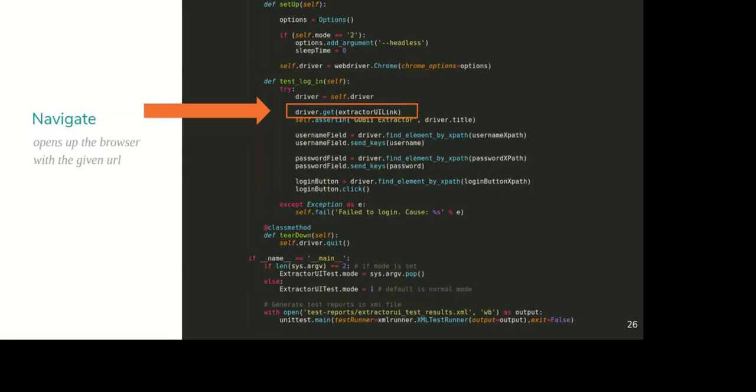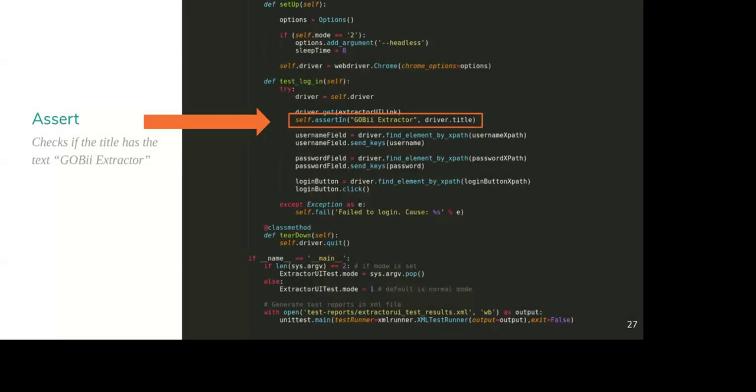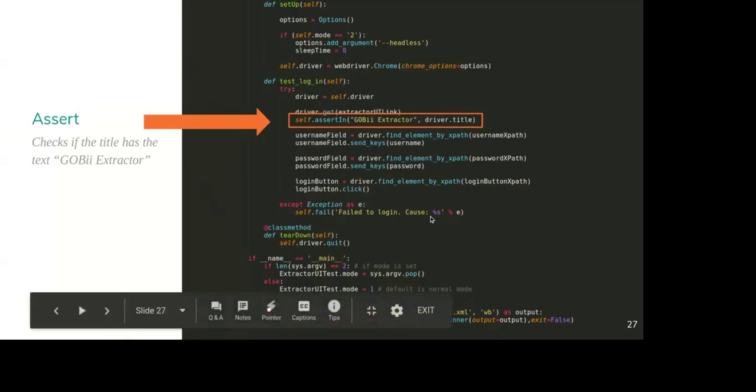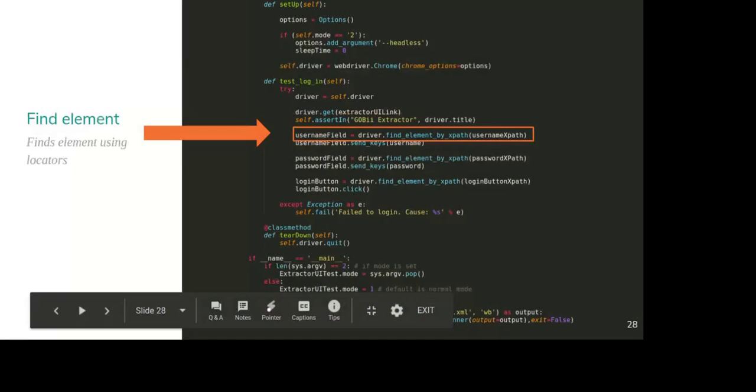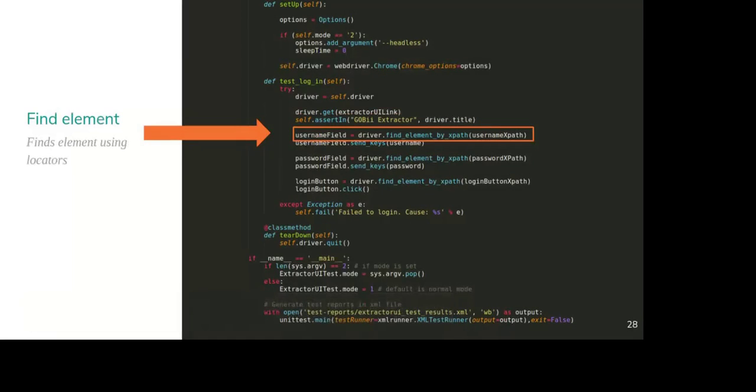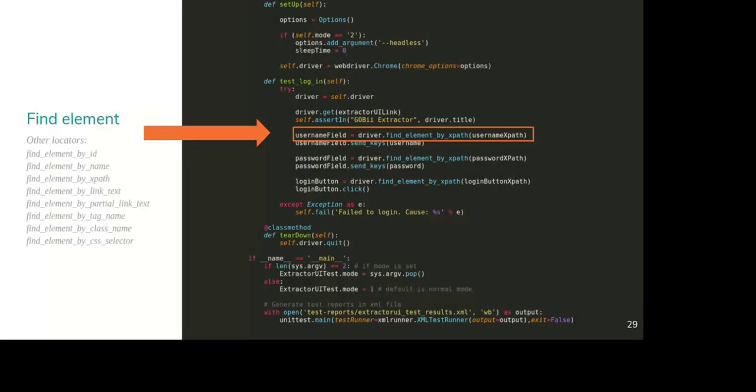And this is how you navigate. It will open the browser with the given URL. And then we want to add an assertion. Here you check if the title of the browser has the text GOBii extractor, and if it fails, it will return an error message. Then finding an element. In Python, you have a lot of ways to identify an element using locators.